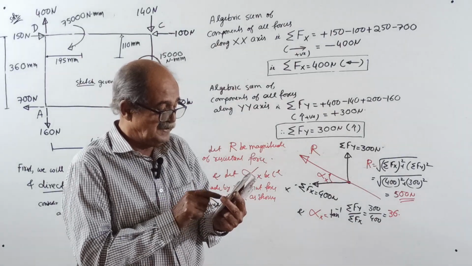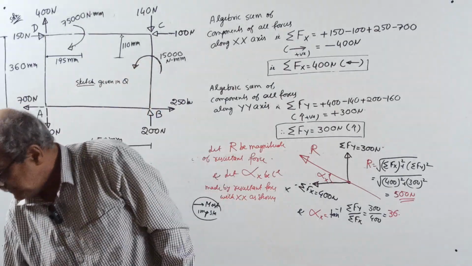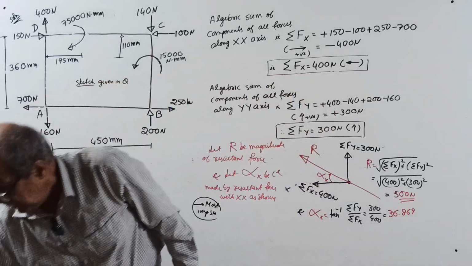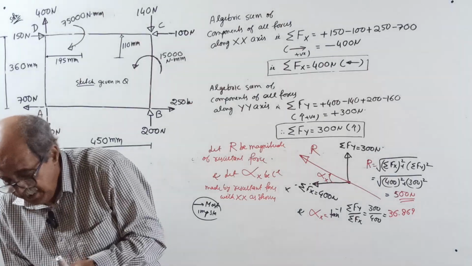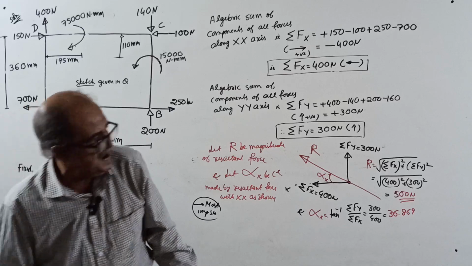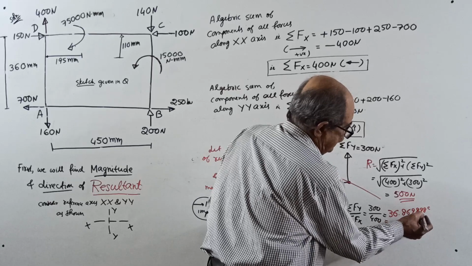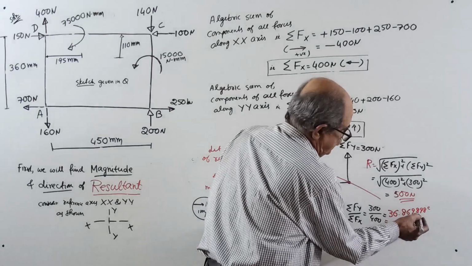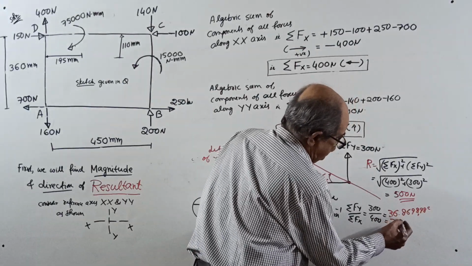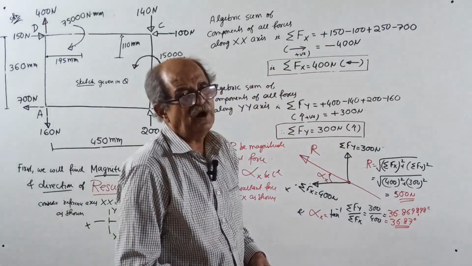Shift tan inverse 0.75 gives 36.8699 degrees. I can take it as almost 36.87 degrees. Okay, 0.001 error is not a problem.